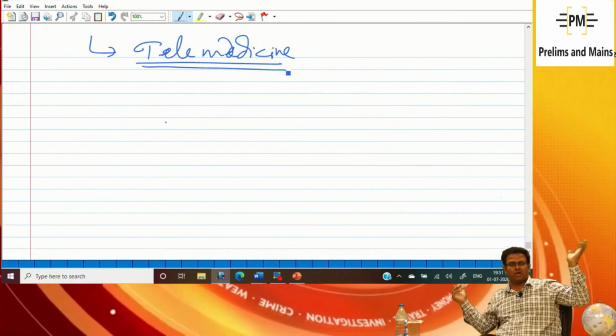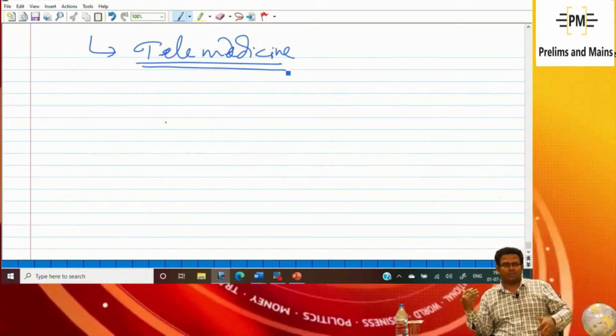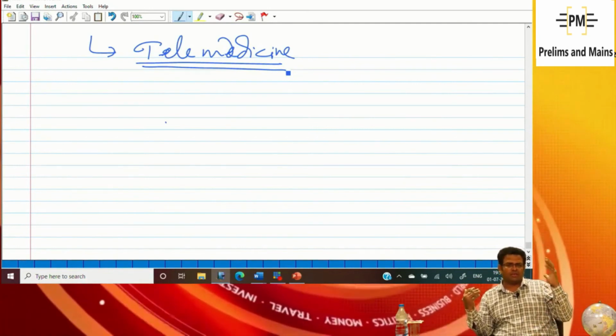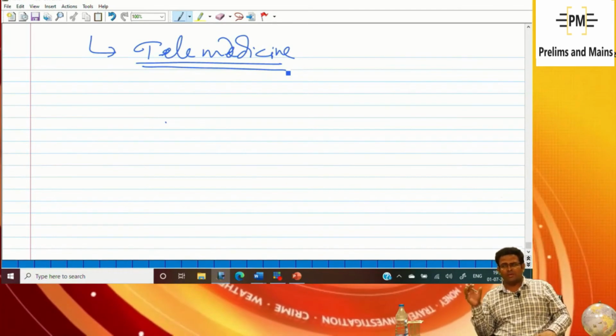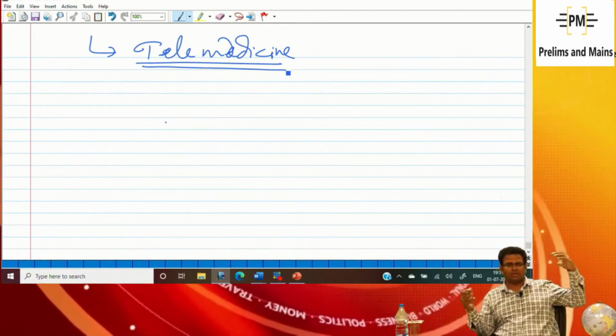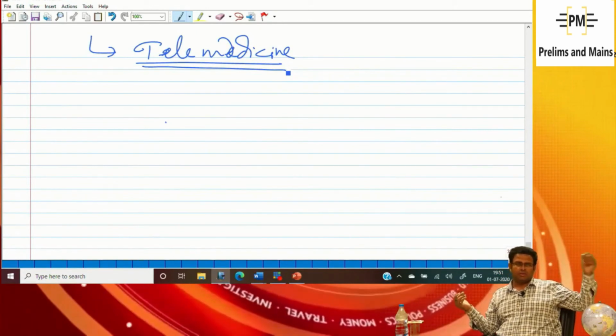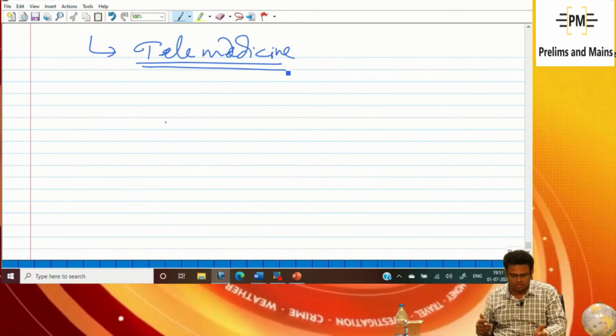Suppose in Africa a doctor wants some kind of guidance or is doing some kind of operation, they can connect with Indian doctors. If their fees are low and they are good doctors, through telemedicine they will be able to interact. So this will help in tele-education also.